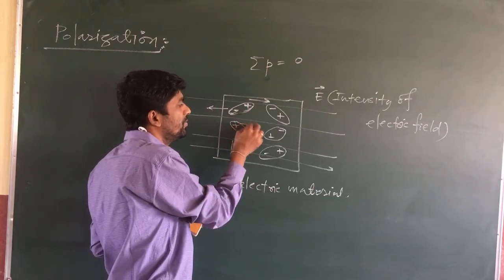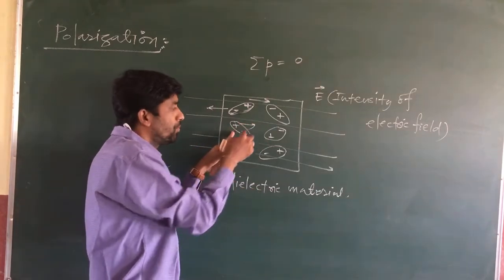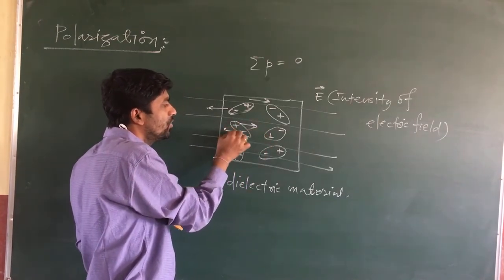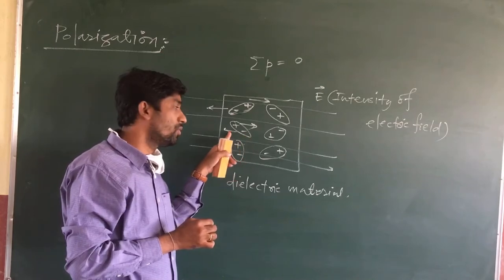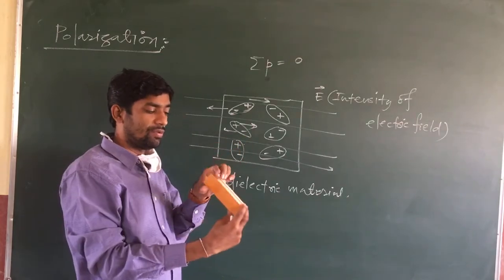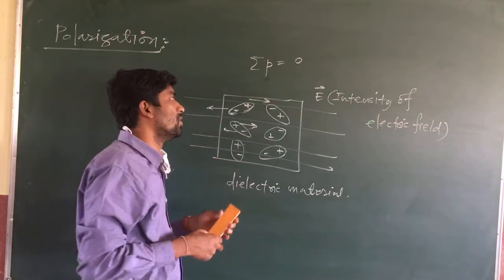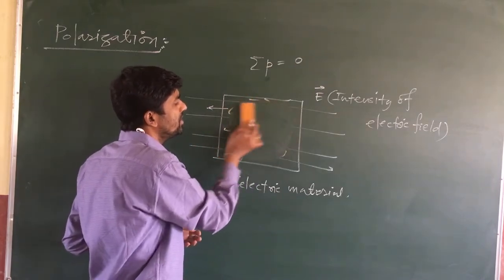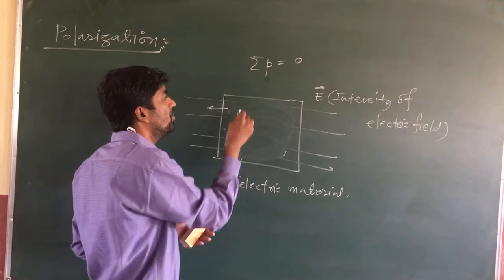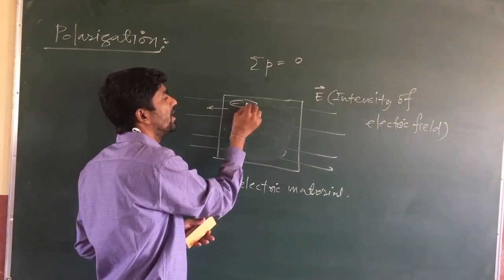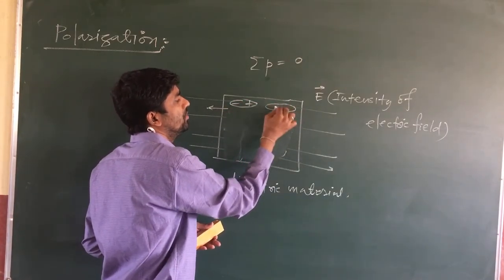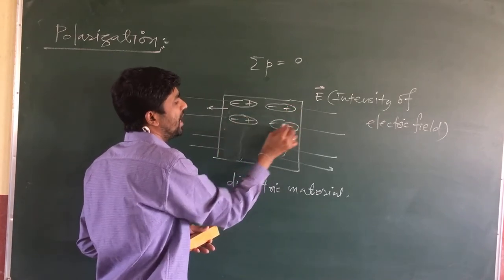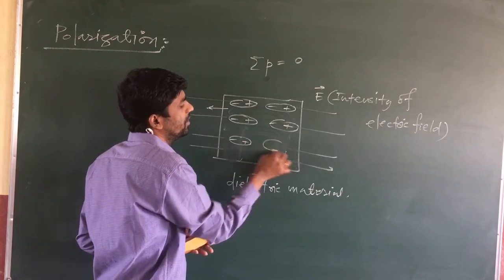Similarly, for this dipole, the force on the positive charge will be in this direction, and the force on the negative charge will be in the opposite direction. So this will be oriented in this direction. In this way, due to the external electric field, all these dipoles are oriented in the direction of the electric field.